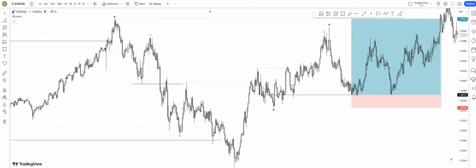Now look, this key level is mitigated, right? Why is it mitigated? Because price pushed, tested our key level, and dropped again. Our key level must be unmitigated. Now there are two outcomes when price comes to your area. The first one is that it simply creates more liquidity.